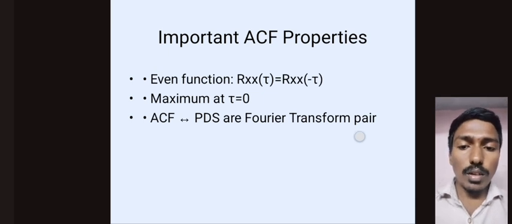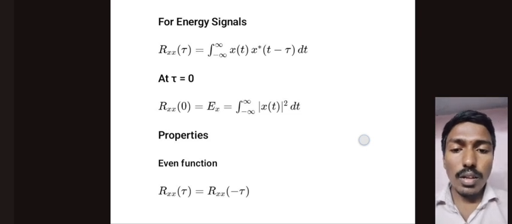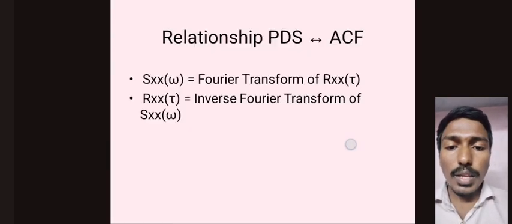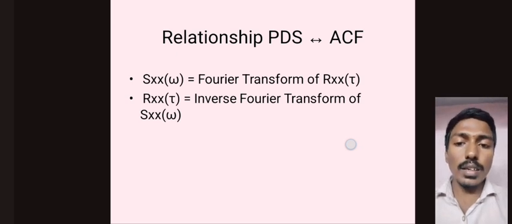So for energy signals, as already said, it is an even function and the property at 0 came. Now the relation between PSD and ACF: how can we relate them?